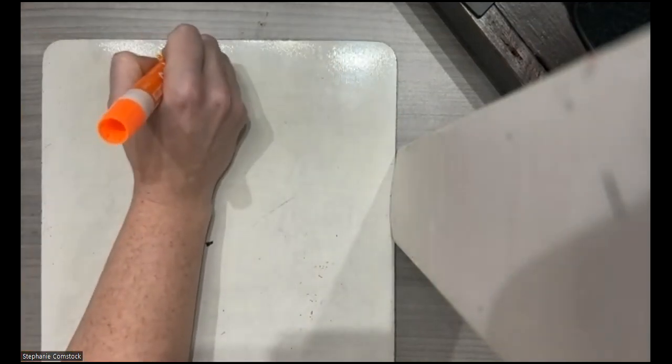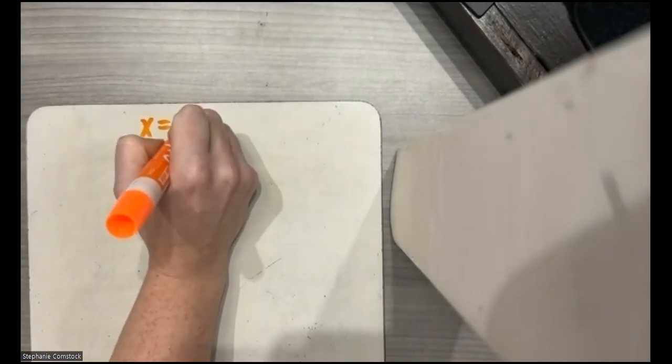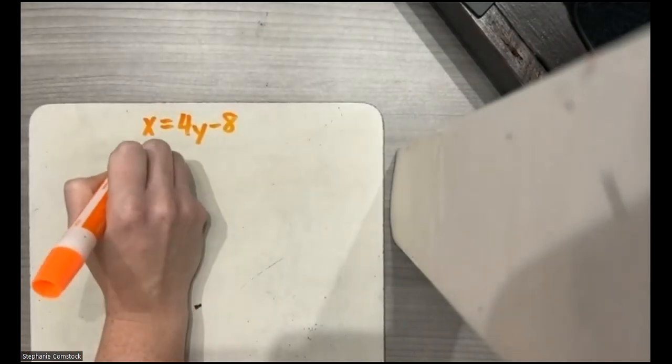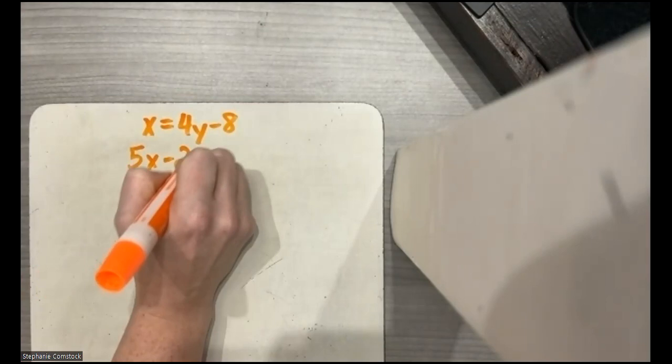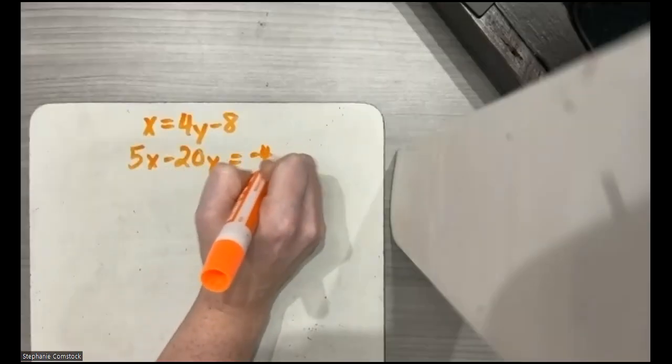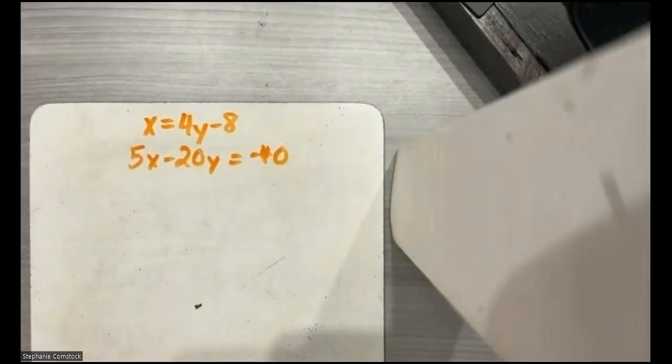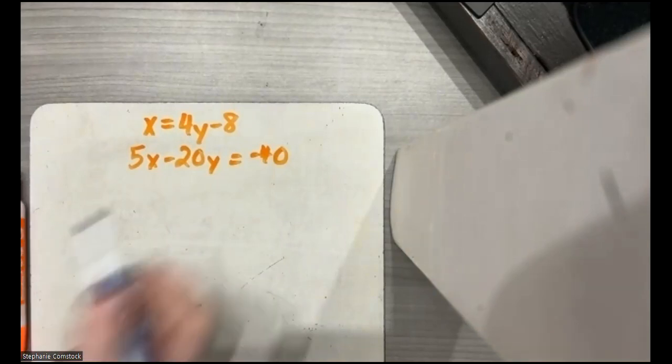For my other example, I'm going to use x equals 4y minus 8 and 5x minus 20y equals negative 40. Now, this one is already set up really nicely for substitution because I already have that x equals thing up here in the top.